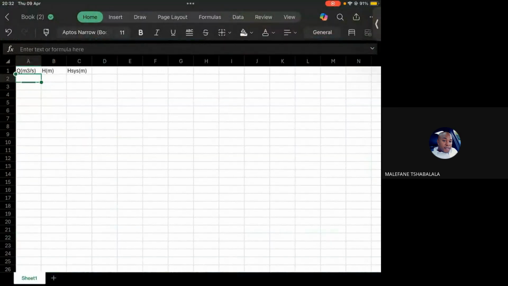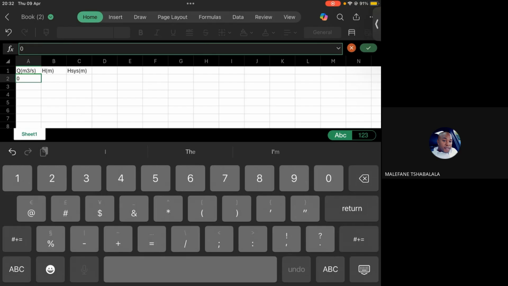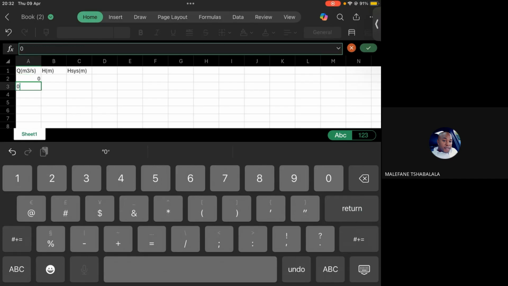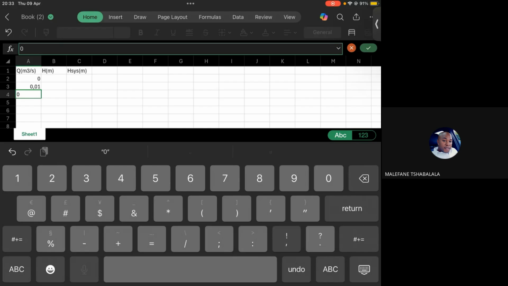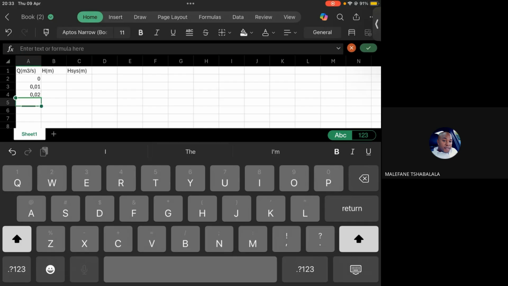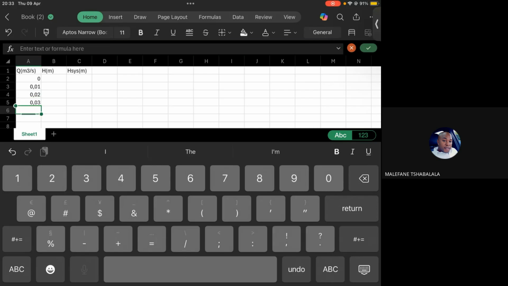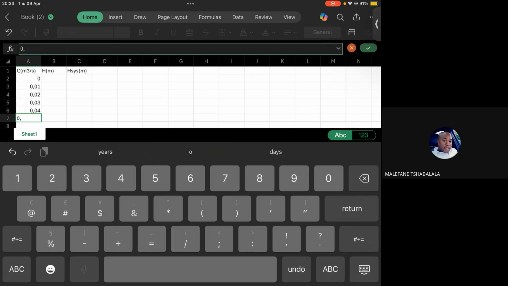So underneath cell A1, we'll have the readings of the volumetric flow rate in cubic meters per second as follows: 0, and then 0.01, and 0.02, 0.03, then 0.04, then lastly 0.05.